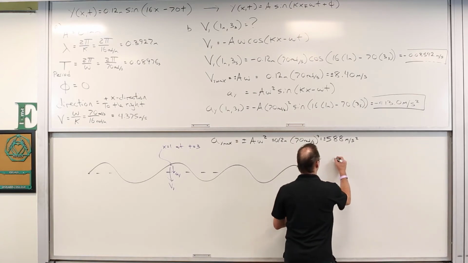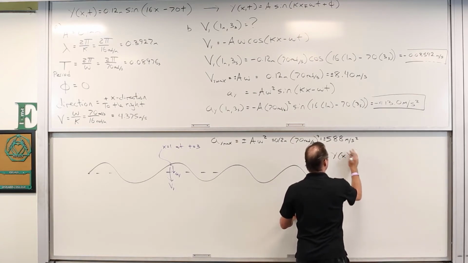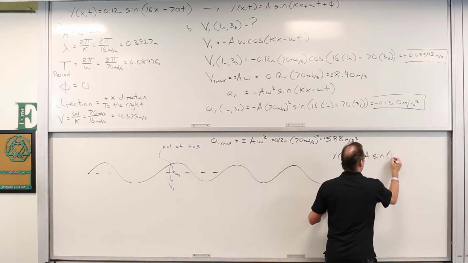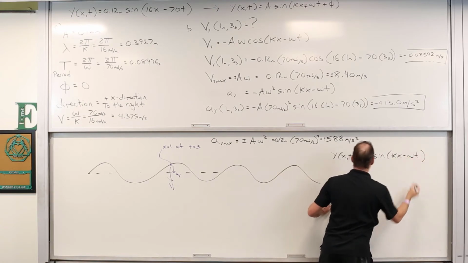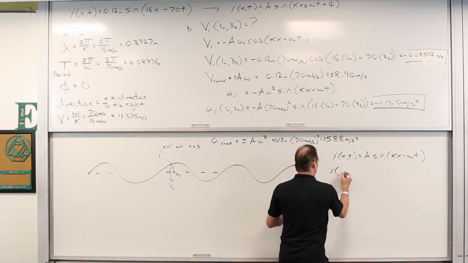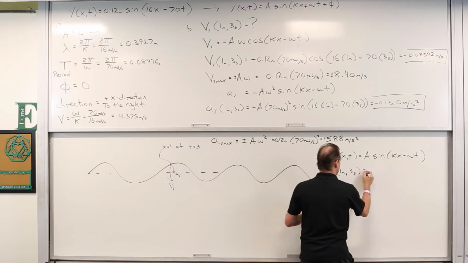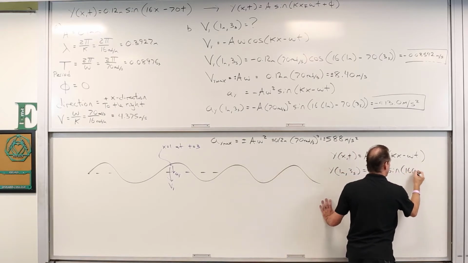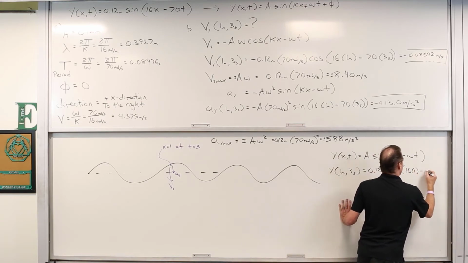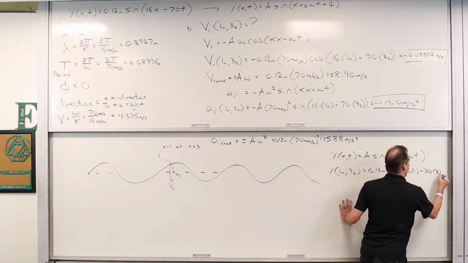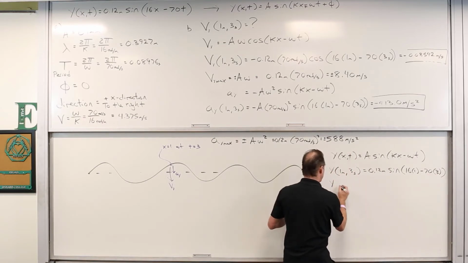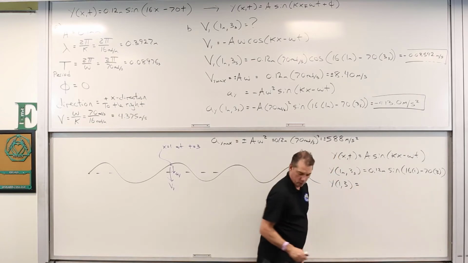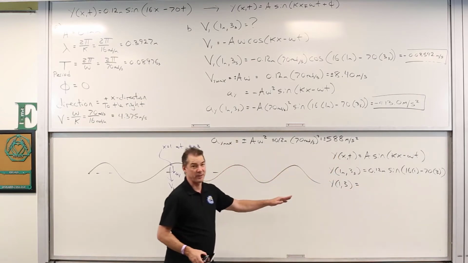Well, we go ahead and look at the function, y of x and t is equal to a times the sine of kx minus omega t. We just evaluated it. y at 1 meter and 3 seconds is equal to 0.12 meters times the sine of 16 times 1 minus 70 times 3, which gives us y of 1, 3 is equal to... should it turn out to be positive or negative?